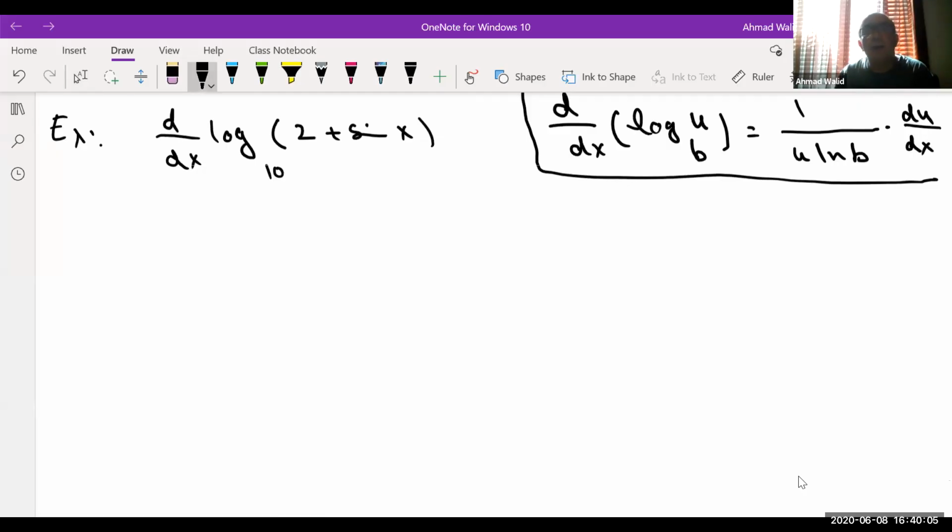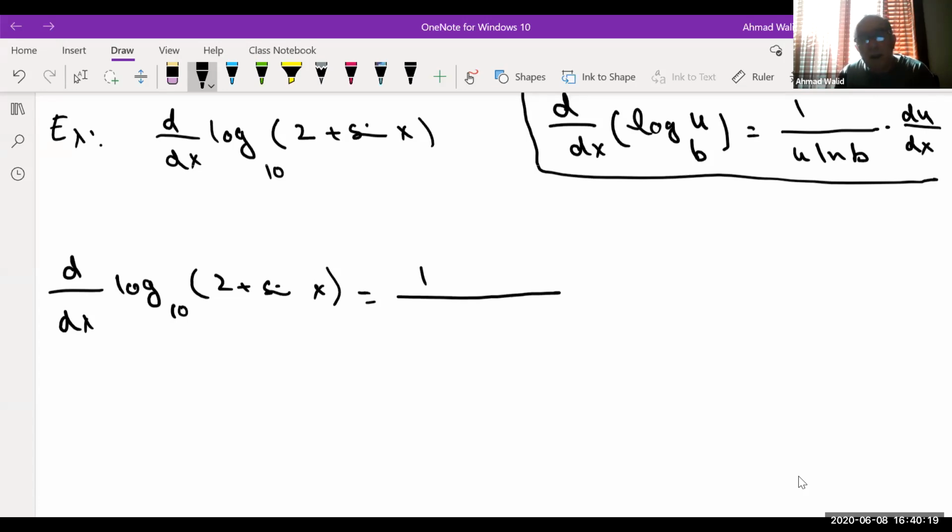Let's apply our rule. Then d over dx of log base 10 of 2 plus sine x equals 1 over u. Your u is actually 2 plus sine x. Then du, the derivative of sine x, is cosine x dx.